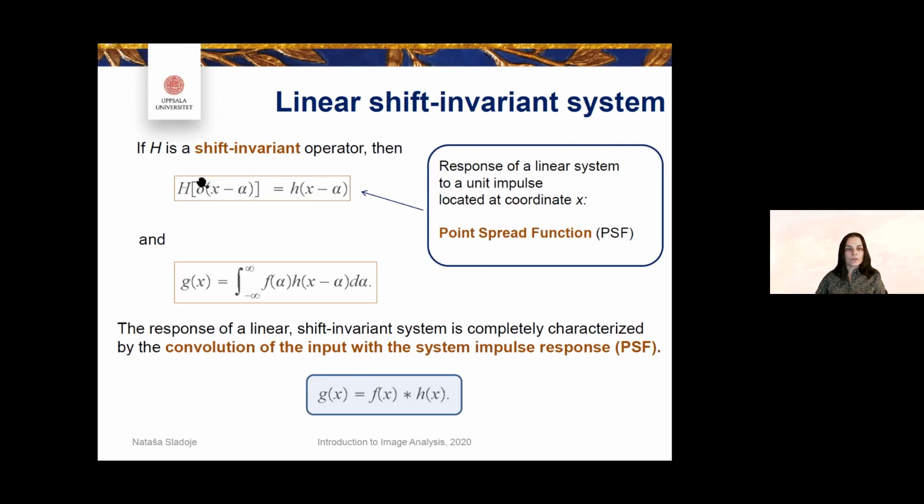So this is a unit impulse at the coordinate x, and this is the model of a linear system. The response of this linear system when applied to a unit impulse is then this point spread function.